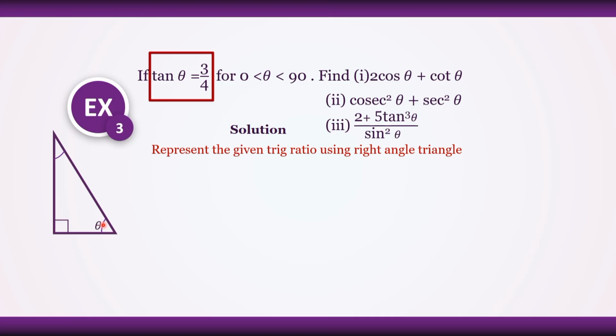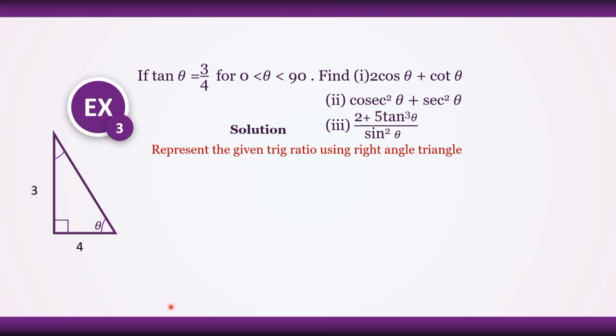So I choose this angle as theta. And what is tan? Tan is opposite over adjacent. So the opposite side to this angle is this side, which is 3, and the adjacent is this side, which is 4. Now we need to find our hypotenuse.